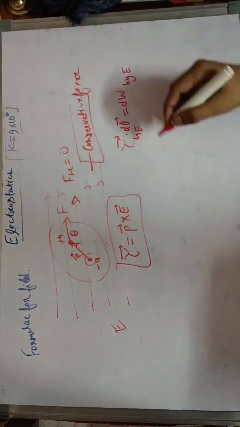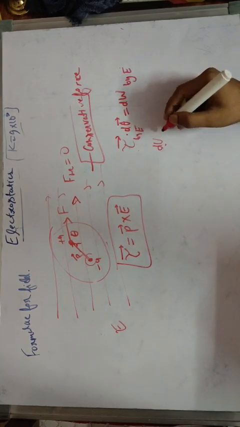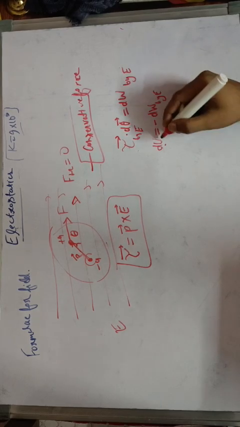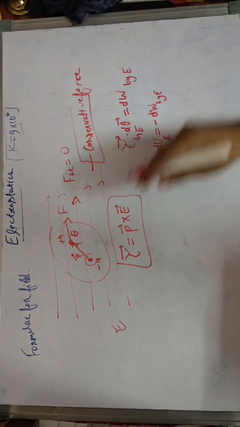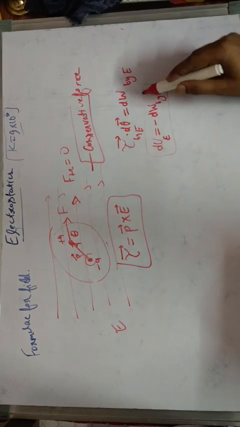We can talk about potential energy stored. So the potential energy change in this case would be equal to minus dW by E. So the potential energy change in this electric field would be equal to minus dW by E.